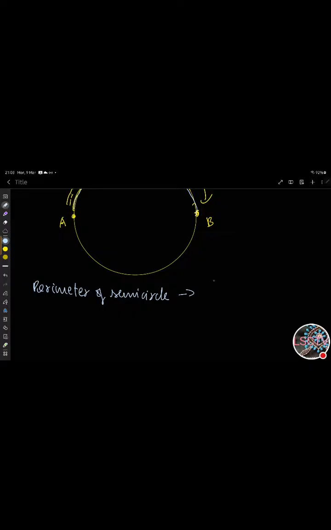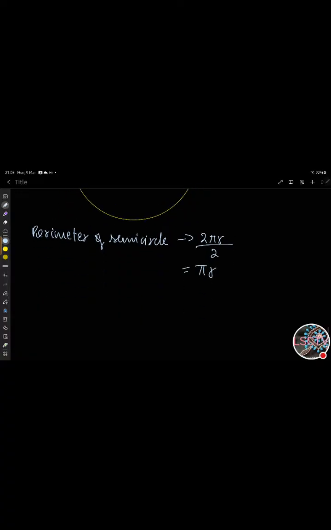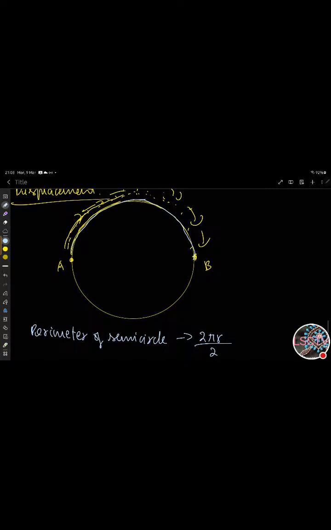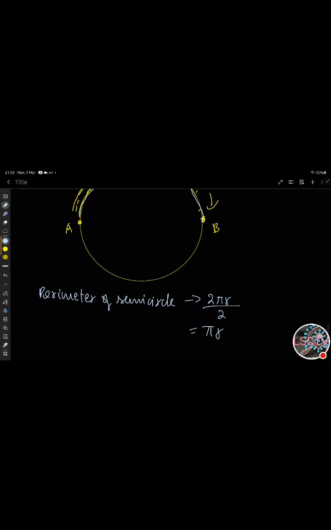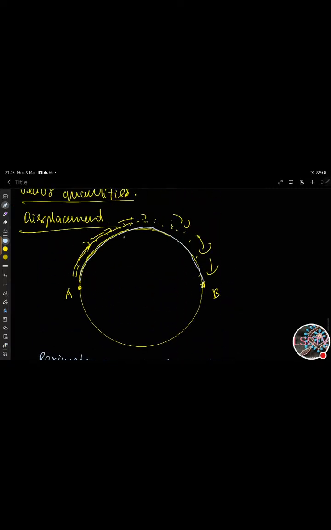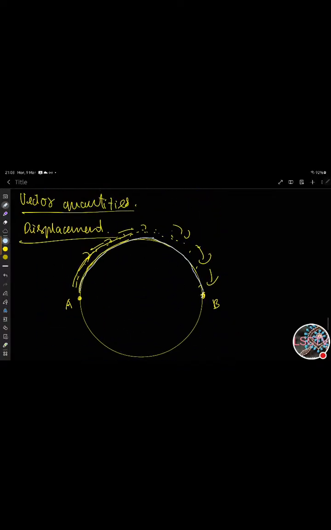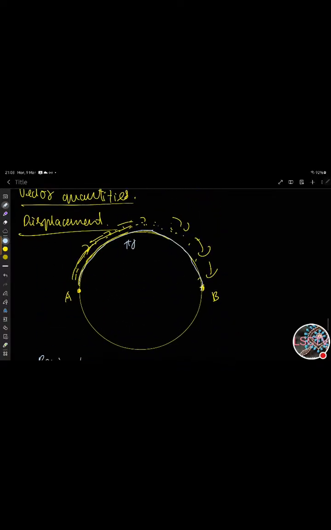It is 2 pi r, which is the perimeter of a circle, divided by 2, which is equal to pi r. Here there's no diameter included. So the distance would be pi r.